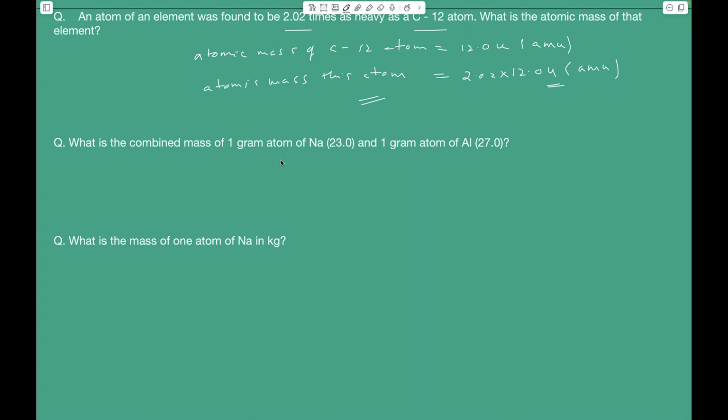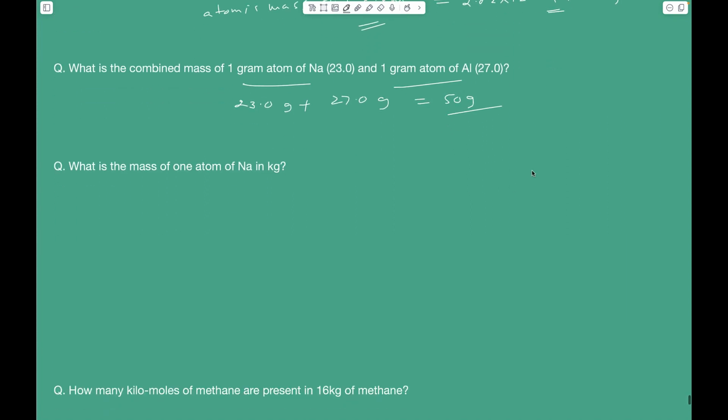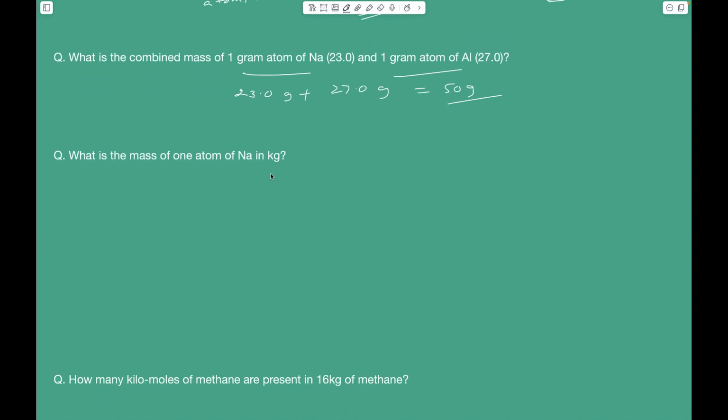What is the combined mass of 1 gram atom of sodium and 1 gram atom of aluminum? Simply 23.0 grams plus 27.0 grams. Is it 50 grams? What is the mass of one atom of sodium in kilograms? What is its atomic mass?